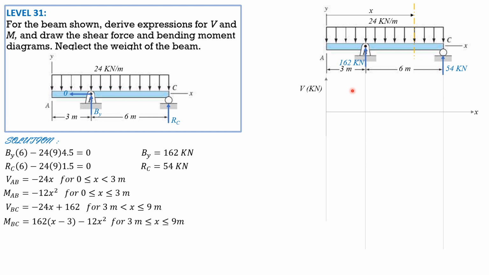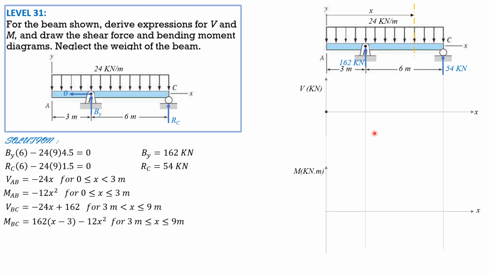We are now ready to plot the shear diagram as well as the moment diagram. For shear AB, when x is 0, negative 24 times 0 is 0. When x is 3, negative 24 times 3 is negative 72.